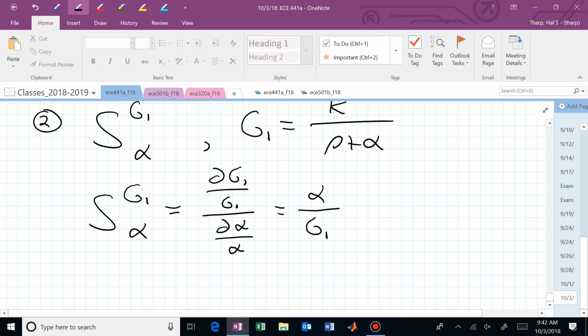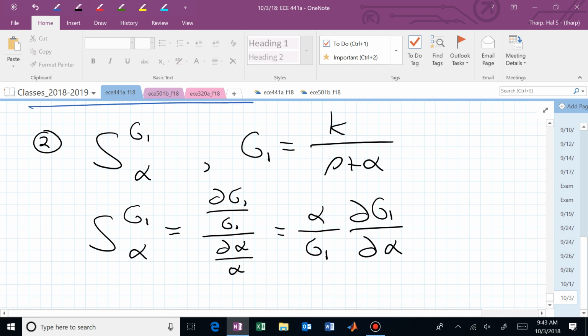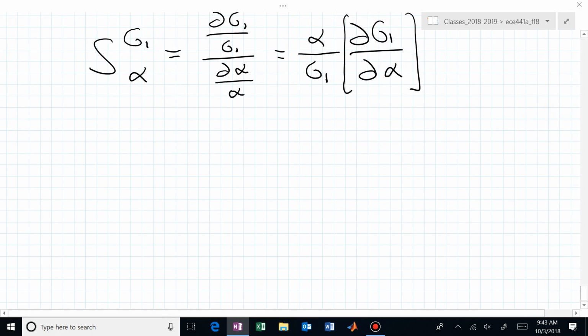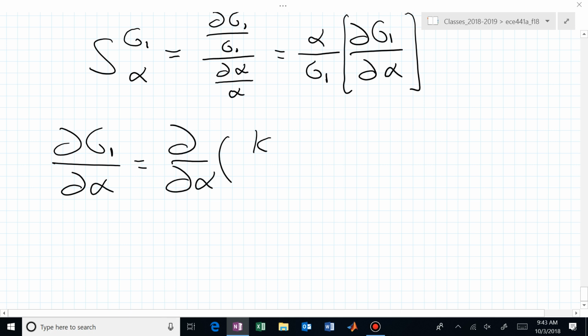Or alpha over G1, partial of G1 with respect to alpha. And now we need to compute this. But we have the expression for G1 in terms of alpha. So now the partial of G1 with respect to alpha is the partial with respect to alpha of K over S plus alpha. What's the derivative of the numerator with respect to alpha?